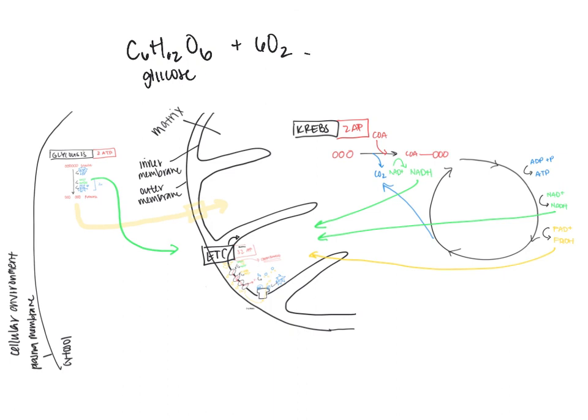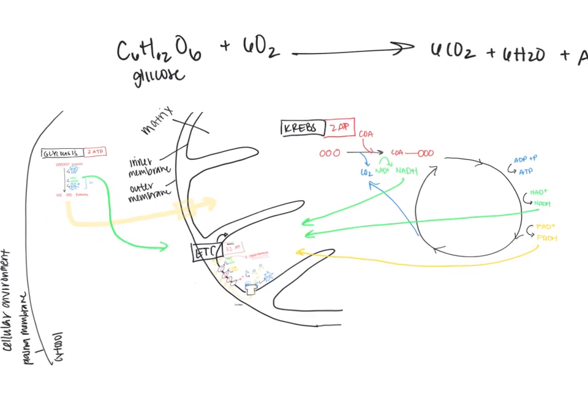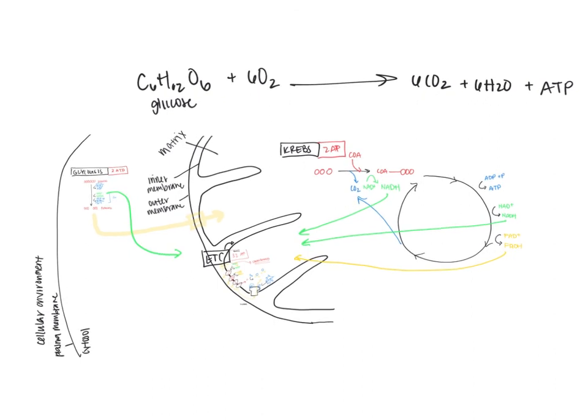Plus 6O2 yields 6CO2 plus 6H2O plus ATP. All right, and what I'd like you to do as I stop the video, go ahead and figure out where are these entering, where are these products being released, and why are they important.